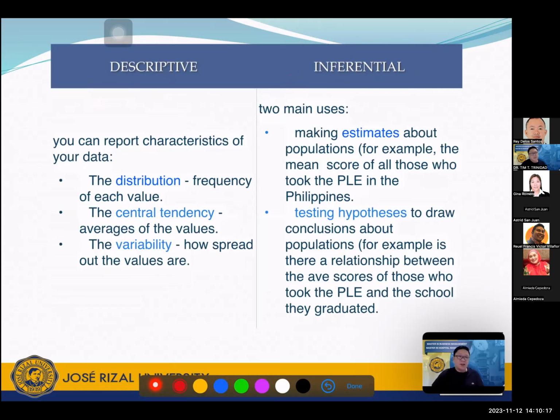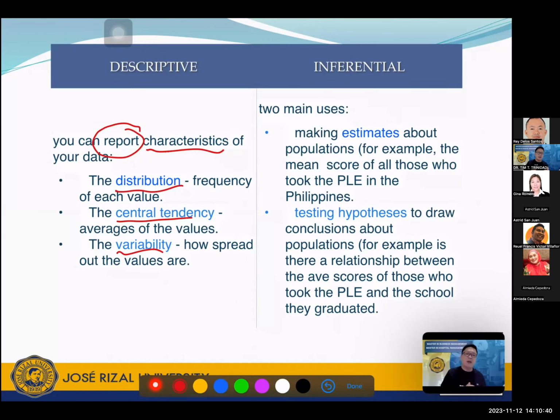So in descriptive statistics, you will report your characteristics or your findings about your data in terms of the distribution, the central tendency, and the variability. The distribution meaning to say the frequency, the count.